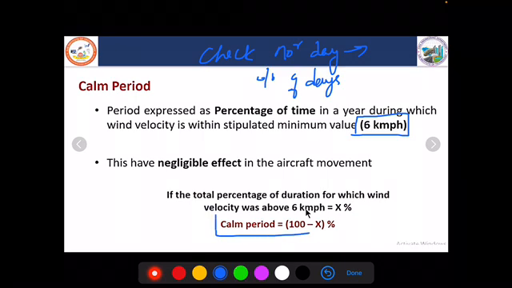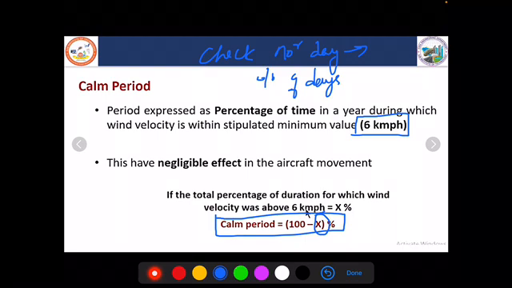The total calm period is calculated as 100 minus x percent. Here x percent is the percentage of wind where the intensity is above 6 kmph, because when wind data is collected, only wind with an intensity more than 6 kmph will be considered.